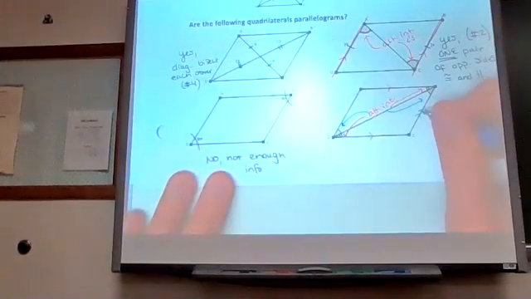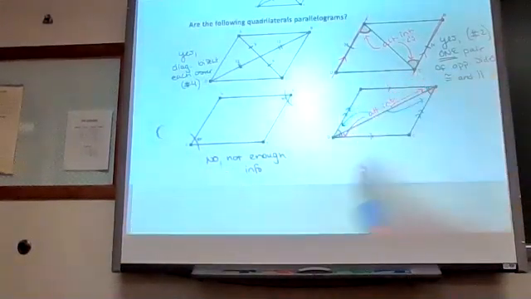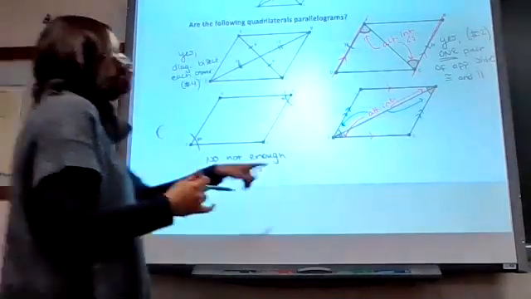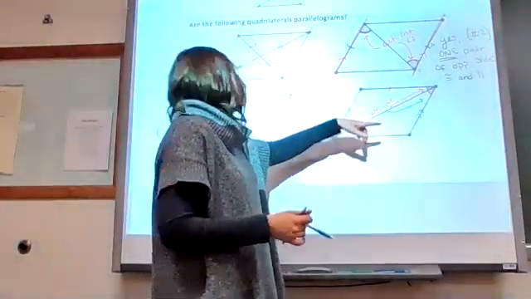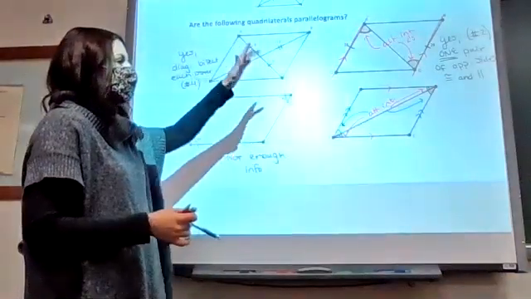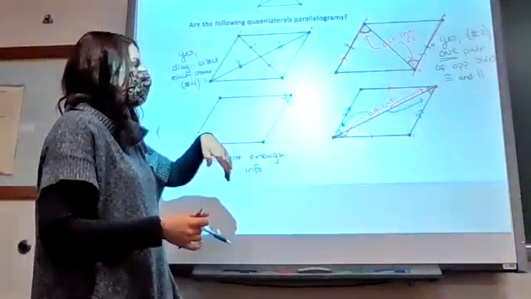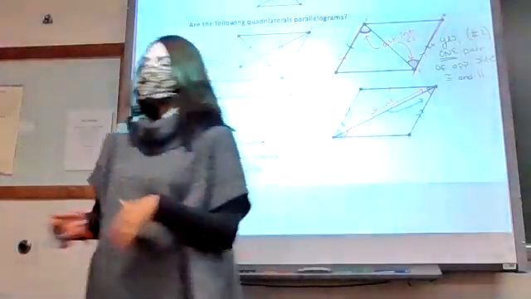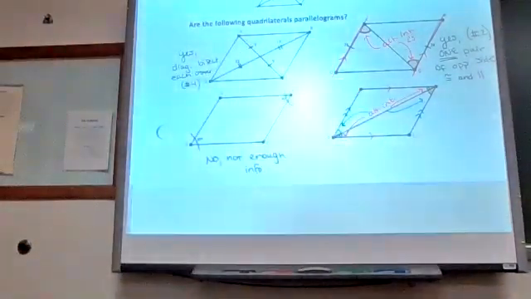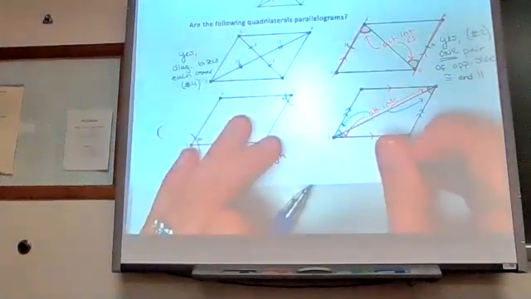These alternate interior angles would show me that those two sides are parallel, and that's the one I added in. So I either know that both my sides are congruent, opposite pairs are congruent, or if I knew that both pairs of opposite sides are parallel, then that's enough to know that that's a parallelogram.